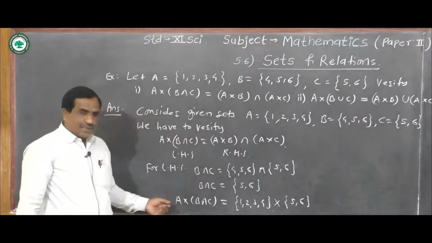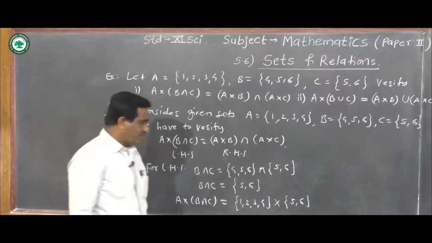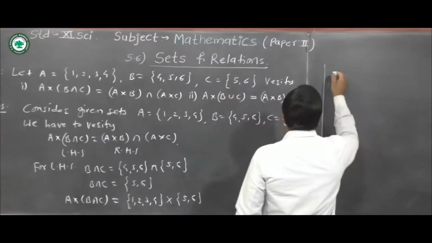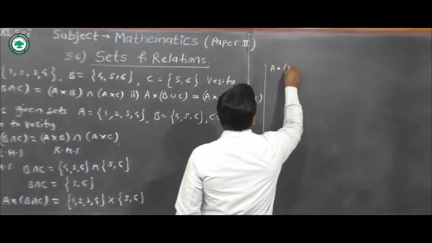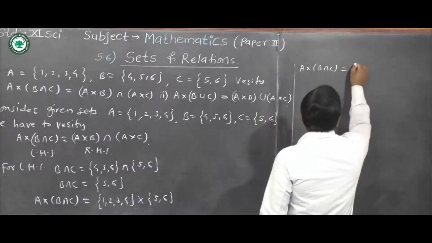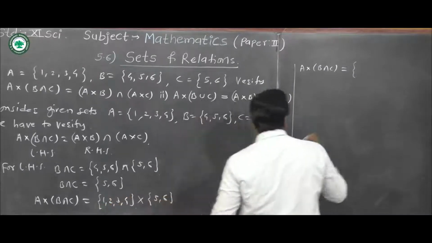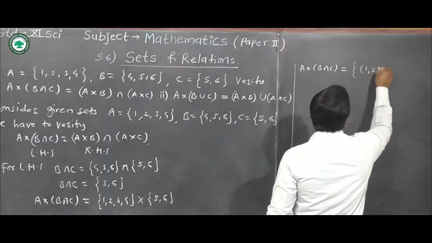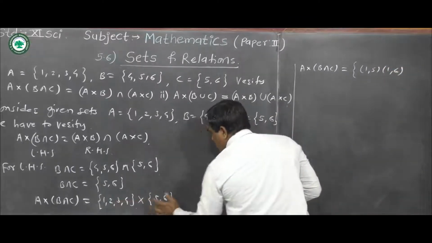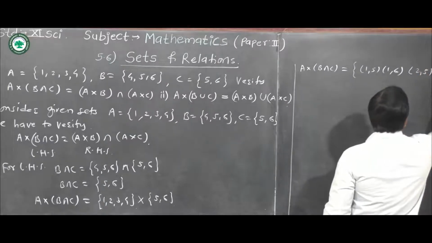Now we have to write the Cartesian product of set A and set B intersection C. Okay, that is A cross B intersection C is equal to, we can take the Cartesian product: ordered pair 1 5, 1 6, further 2 5, 2 6, ordered pair 2 5, 2 6.